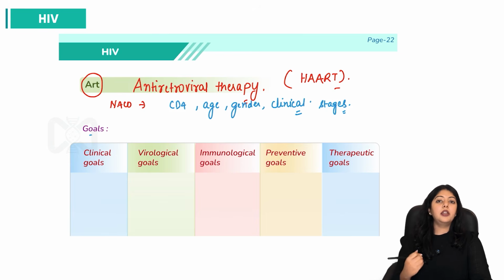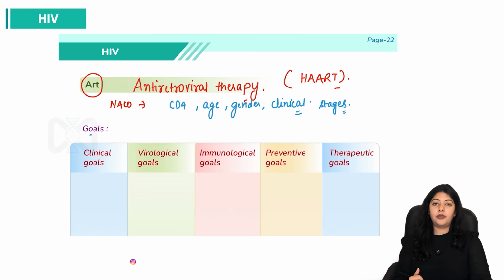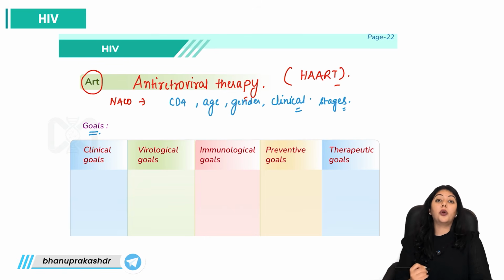But we can have certain goals, or we can get used to that particular condition with certain clinical as well as immunological features, right? So NACO devised certain goals in order to provide a better and longer life to the patients. And how does NACO define such goals?